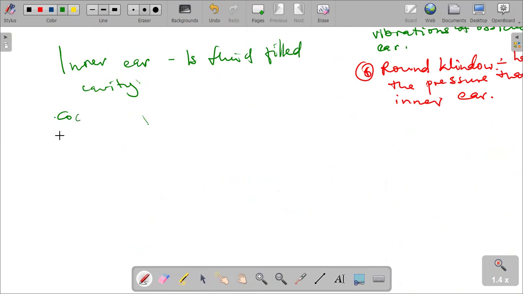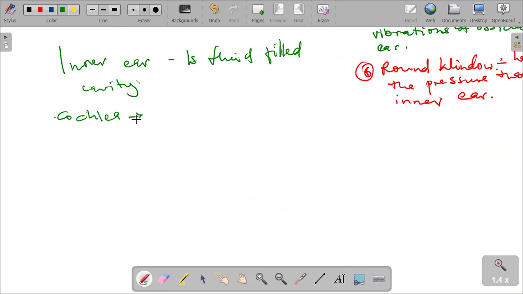We want to quickly look at this, and then we will get our summary of the content of today. What is the function of the cochlea?